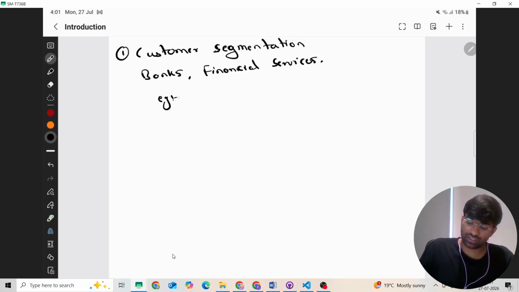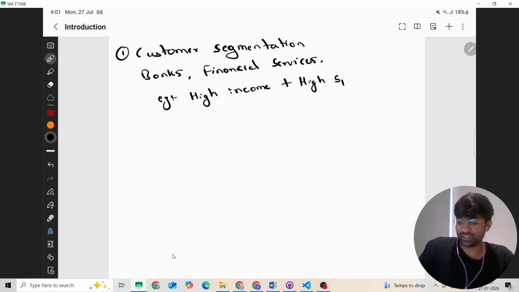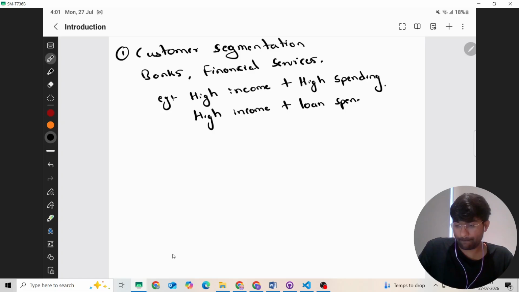For example, they might segment the customers as high income plus high spending, grouping these customers into one cluster, or high income and low spending. We can group customers like this.